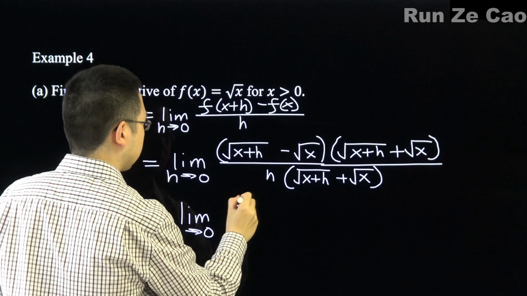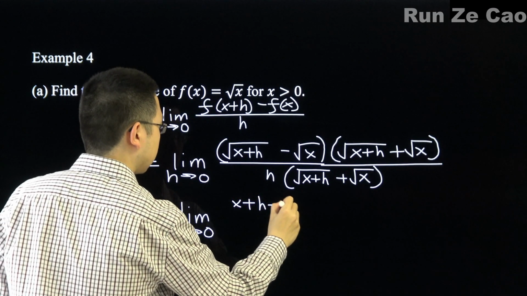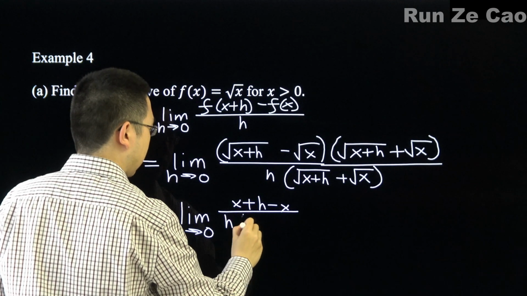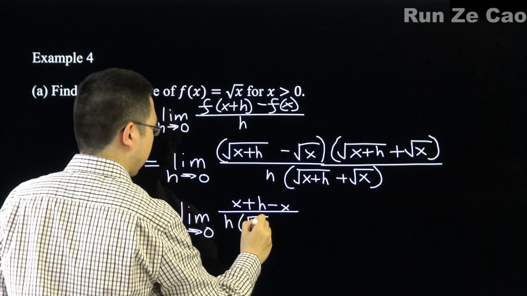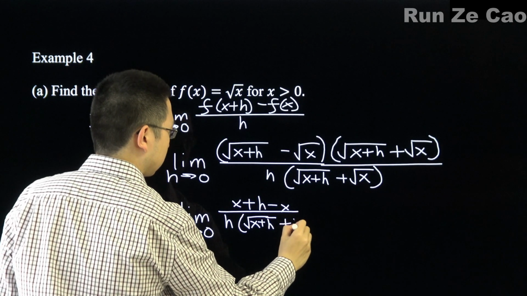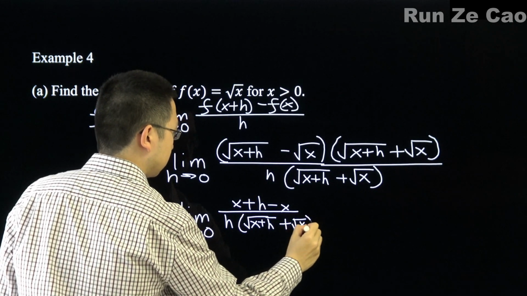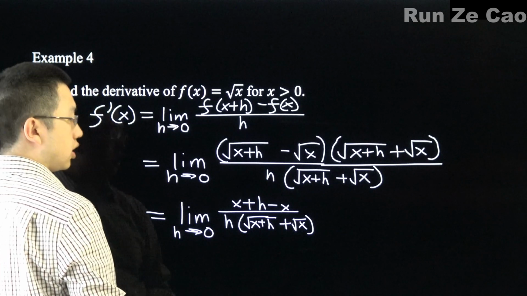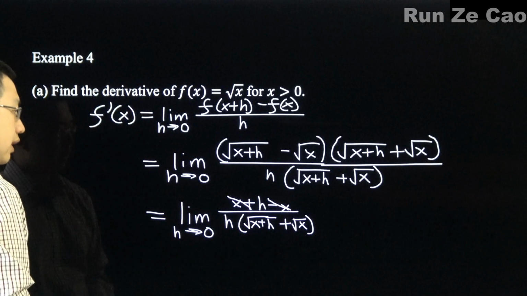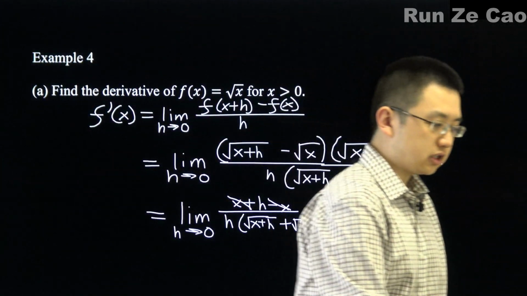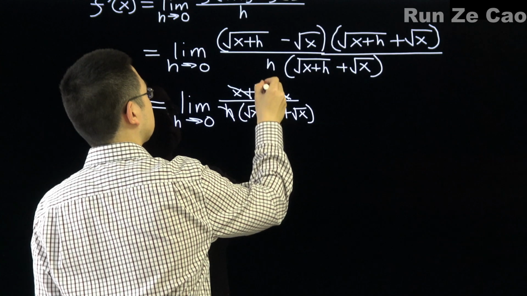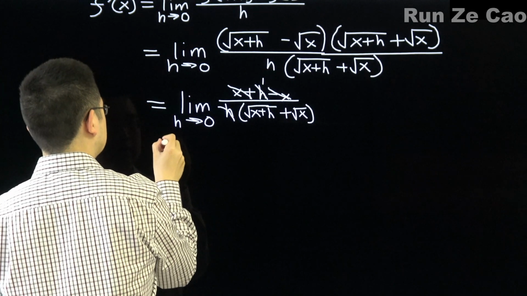Okay, so x plus h minus x, and this is over h times root of x plus h plus root x. So, clearly, this cancels. And thus we have h on top and h on the bottom. And how does that work? So this cancels out to a 1.